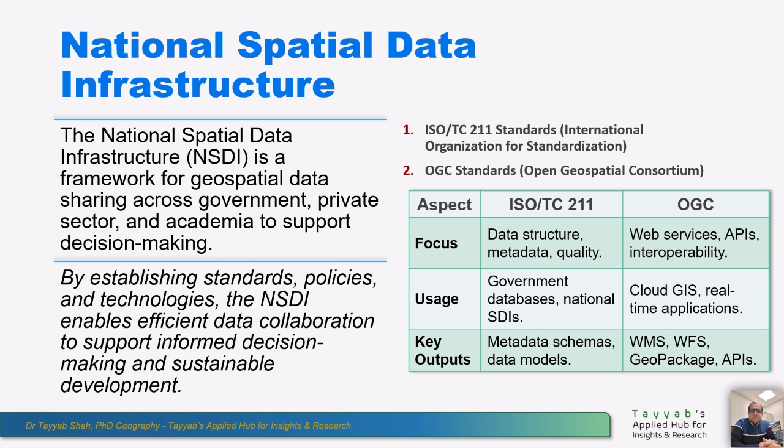The second component is the National Spatial Data Infrastructure, NSDI. It's a very popular term which people use in different contexts. It's a broader term. It is basically a framework for geospatial data sharing across government, private sectors, researchers and decision makers too. This framework covers a lot of components.